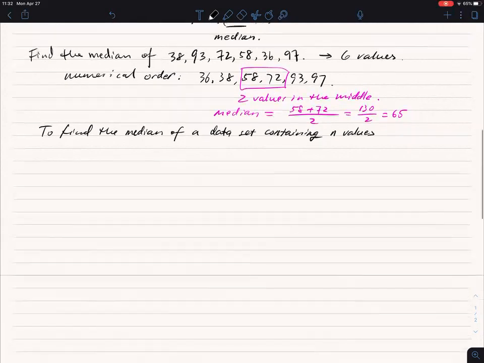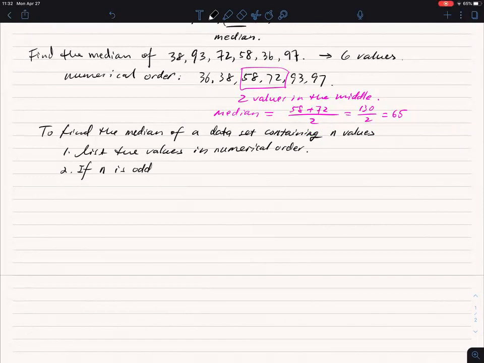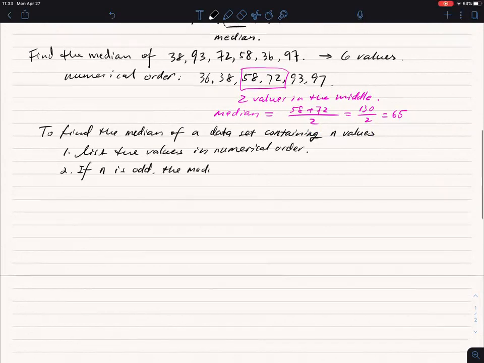There are only 2 steps actually. First, list the values in numerical order. Right? And then we look at n. If n is odd, like we see in the first case, right? If n is odd, the median is the number in the middle.